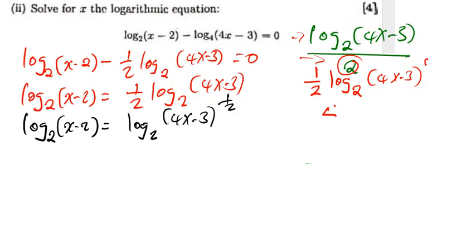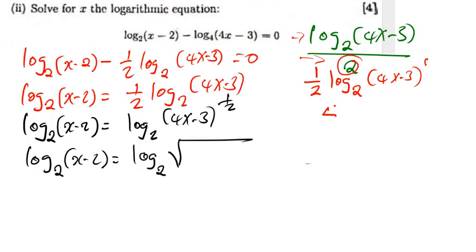Anything raised to the power half is the same as the square root. So log base 2 of x minus 2 is equal to log base 2 of the square root of 4x minus 3. Even if you don't put the square root, it's the same thing; you end up with the same answer. When you reach this point, you can cancel the log.